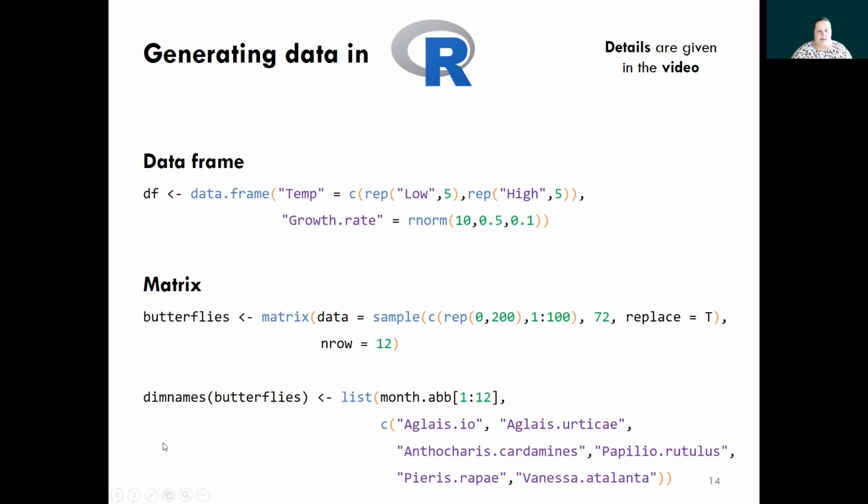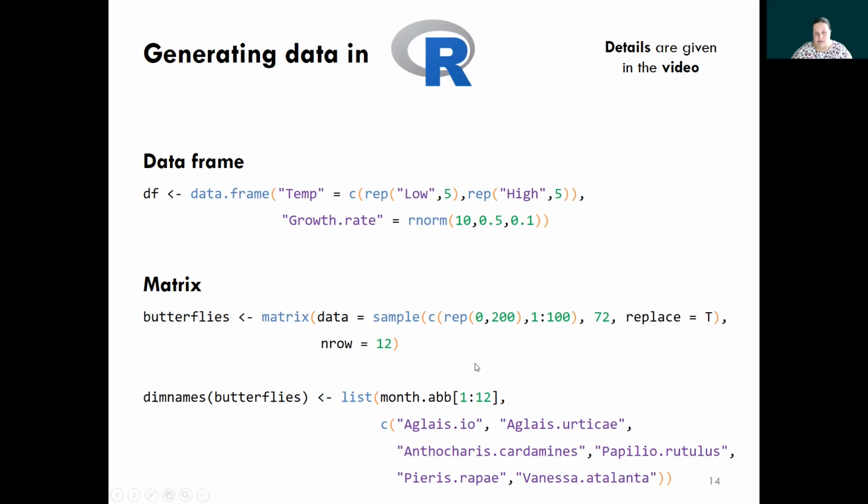Okay. Next, I'm adding the dimension names to the butterflies. Dimension names in a matrix have basically 2 parts. That's why they have to be addressed using the list function. The first dimension here are just going to be the names of the months. I'm just using this vector here, which is month abbreviation.